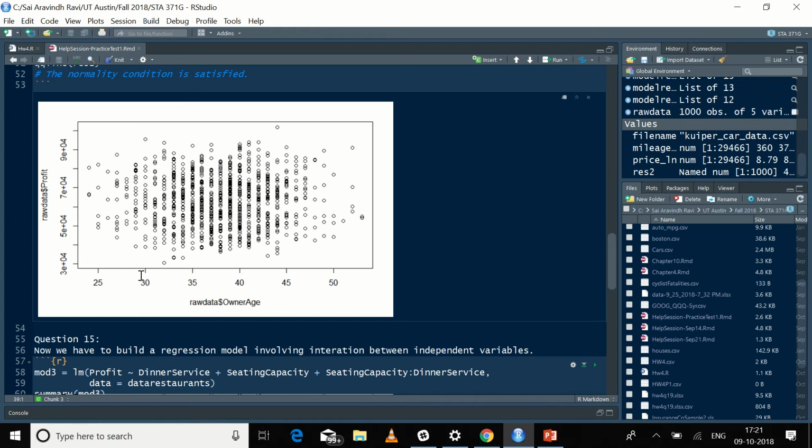It's fine if you can use the scatter plot on raw data. Okay, I'll actually confirm that with you.